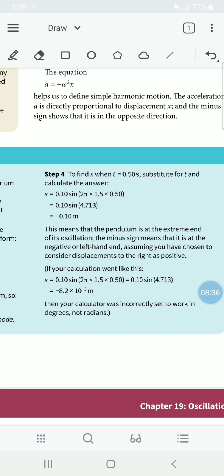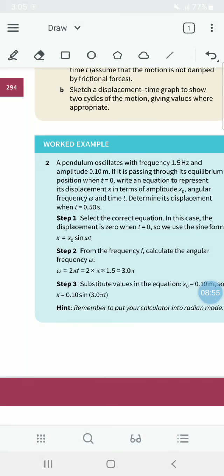If you get your calculation in this form, your answer is going to be wrong because that is in degrees. So here you have to have set your calculator to radian mode. So these things need to happen automatically when you do questions.